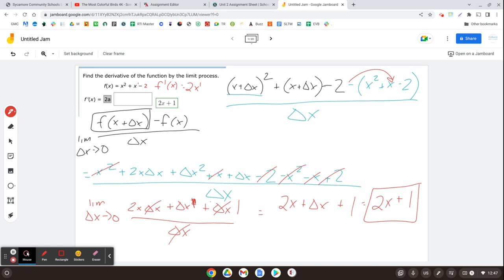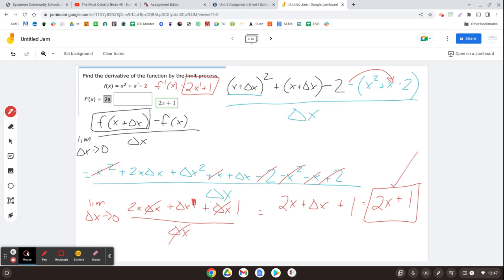Take the power, multiply it. 1 times x to the 0. Do you remember what x to the 0 is? Any number to the 0 power is 1. So look, that's going to be the fast way to do it. Only today, this is the last time you'll ever have to do this limit process.